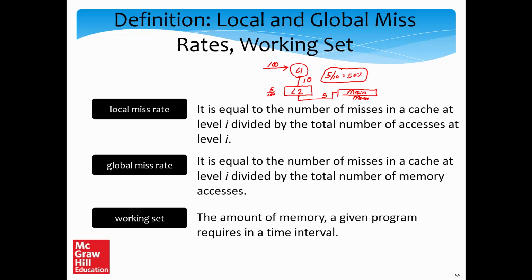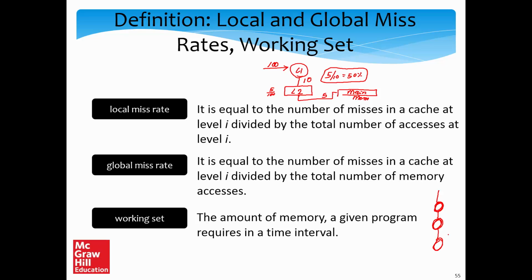Now let's define the term called working set. Before I define that, I want to talk about how a program typically works. We typically have multiple for loops and while loops, so we have a lot of iterations and then we move to another section of the program. Again, we have a lot of for loop iterations, we move to another section, and so on.